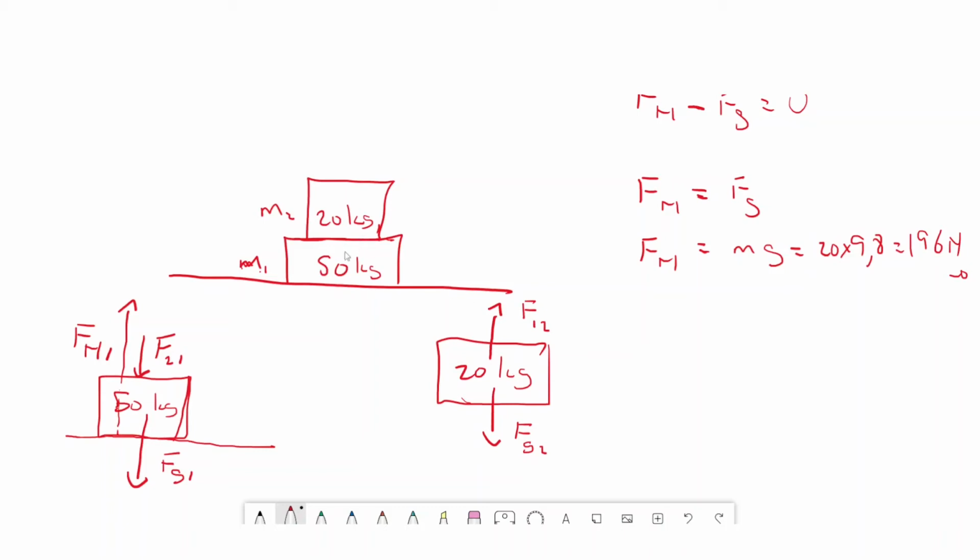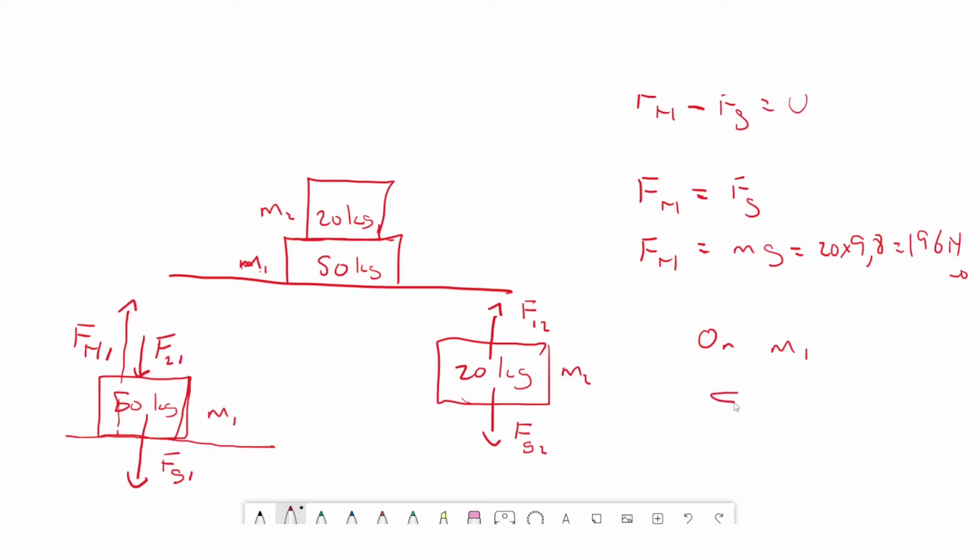All right. So now if you wanted to find out what is going to be the force on this 50 kg, you're going to say on M1, meaning that you are just looking for the forces on M1, and this is M2.